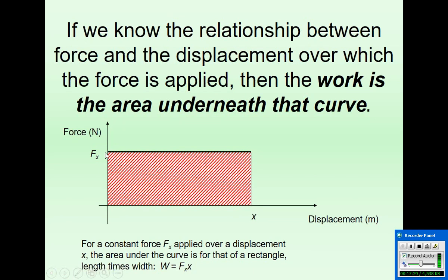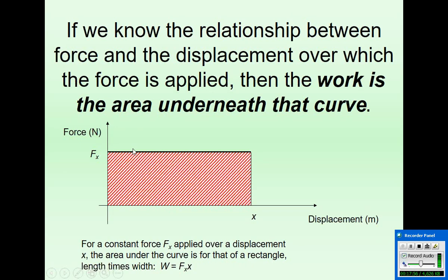This is not a plot of Hooke's law. This is a constant force being applied over a displacement x. And we would say that the work done is equal to force times displacement. But an alternative interpretation is to say that work is equal to the area underneath a plot of force versus displacement.